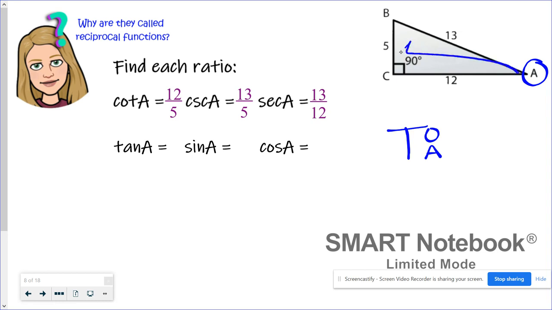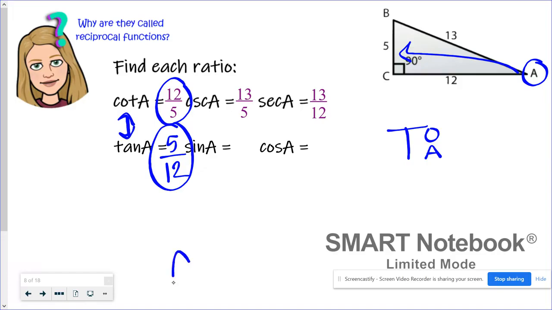So opposite angle A is the side measuring 5 and 12 is the adjacent. Okay, what do you notice? They're reciprocals. So cotangent and tangent are reciprocals of one another, and you flip to find the recip.